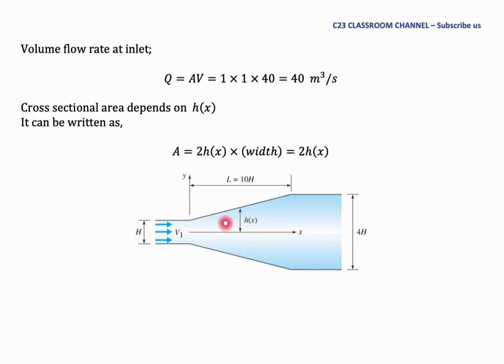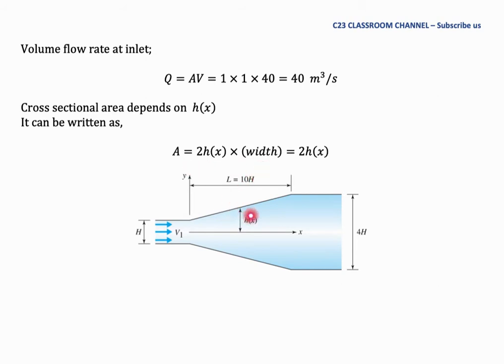And then the cross section at the diverging section here is increased. So we could say that the cross-sectional area at the increasing section here is 2h(x), meaning h(x) times 2 to get its total height, times the width of the diverging section. However, for this calculation, we take the width to be equal to 1 meter.